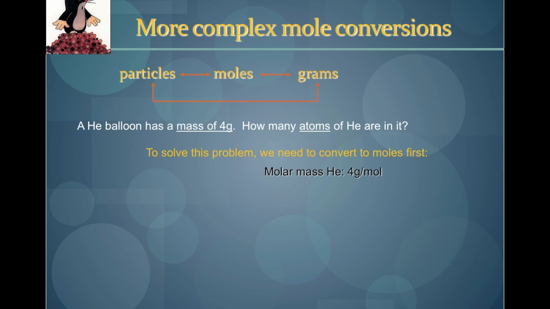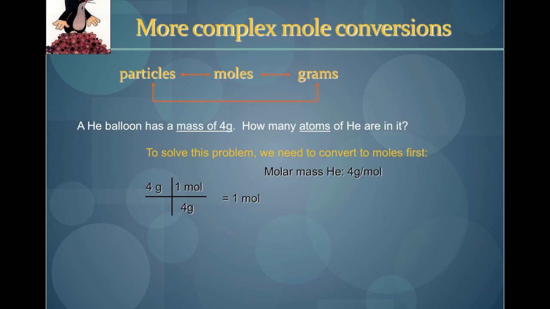And we're starting out with 4 grams. You always write down what you start off with when you're doing a conversion first. We can't get to atoms directly, so the first thing we need to do is convert to moles. The molar mass is 4 grams per mole, and we want moles on top, so grams cancels, and we end up with moles. And it turns out that we have exactly 1 mole in this situation.